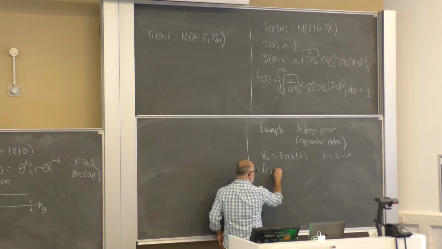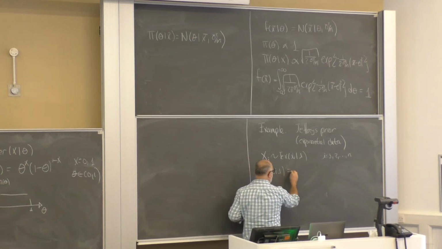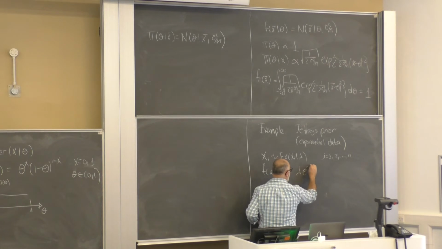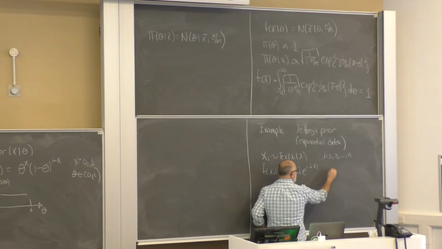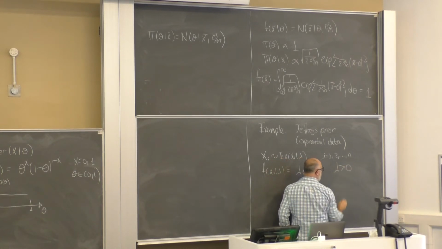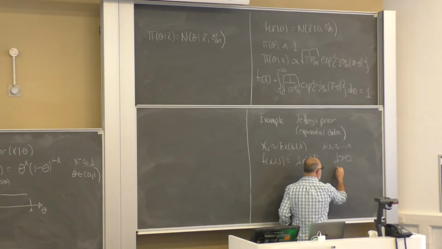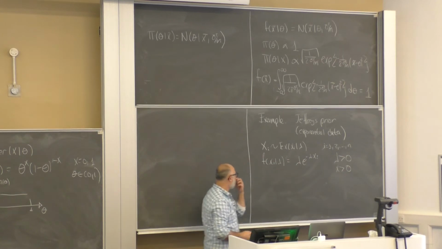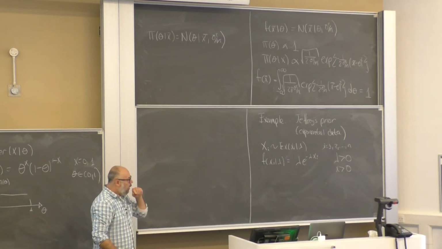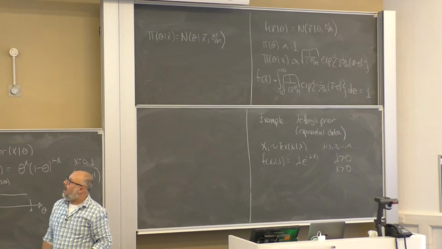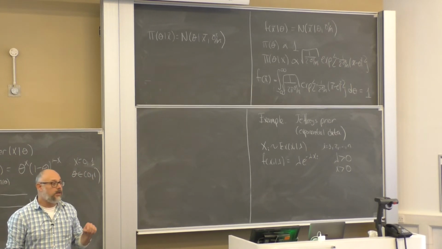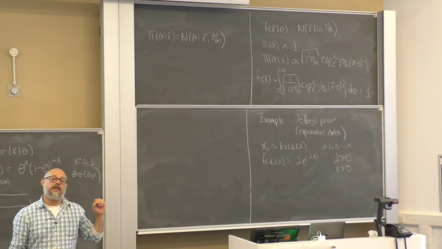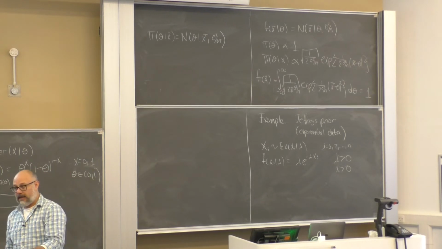First thing we need is a PDF, and probably you are all familiar with that. We need the parameter space, so that's the positive reals, and the sample space, the positive reals as well. Now, the first thing we need to calculate the posterior, and Jeffreys prior, is the likelihood. Okay.